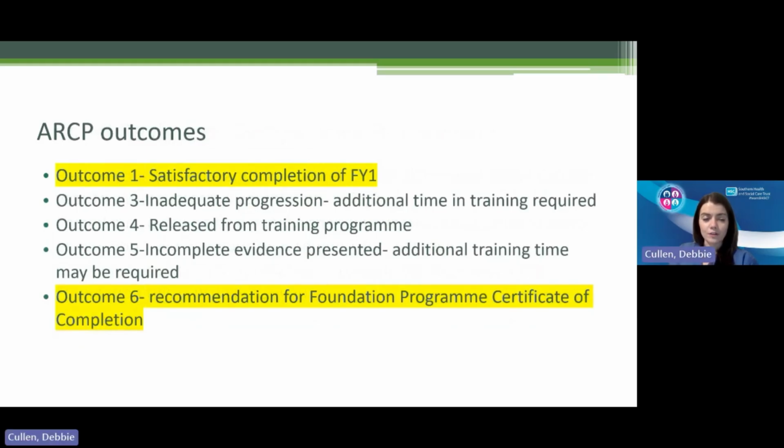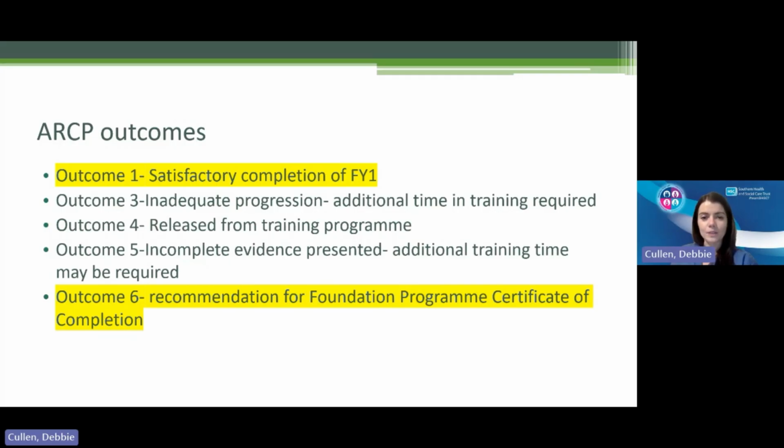So the ARCP outcomes, it's not a pass-fail. We give you numbers for what we would expect, and I know Dr. Egan had mentioned them in her talk as well. So I think the two big take-home points are what are the outcomes that you want to get. Outcome 1 is the outcome we would like you to get at the end of your FY1 year.